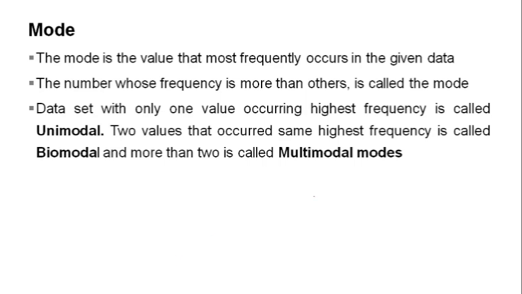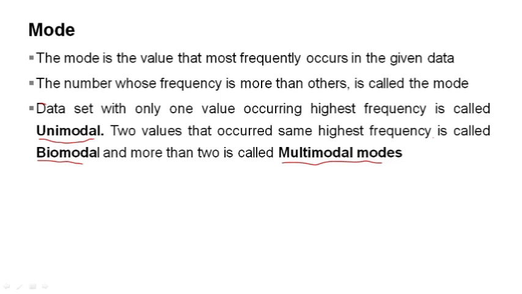Two values that occur with the same highest frequency is called bimodal, and more than two is called multimodal. There may be more than one highest value in the data set.